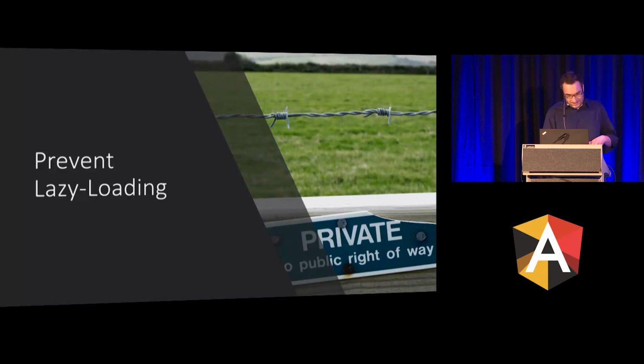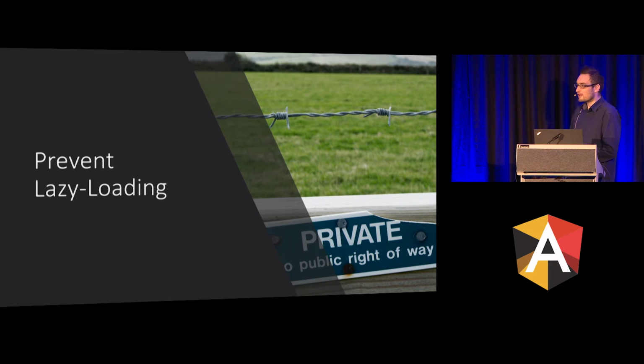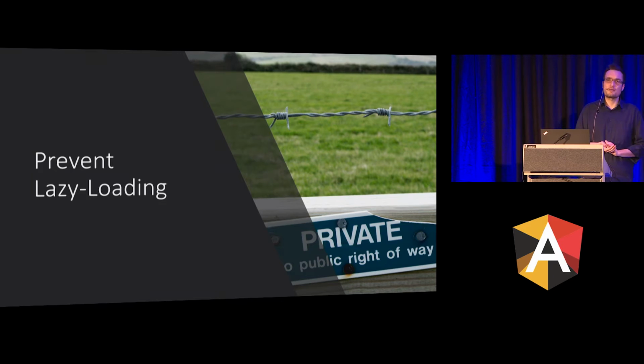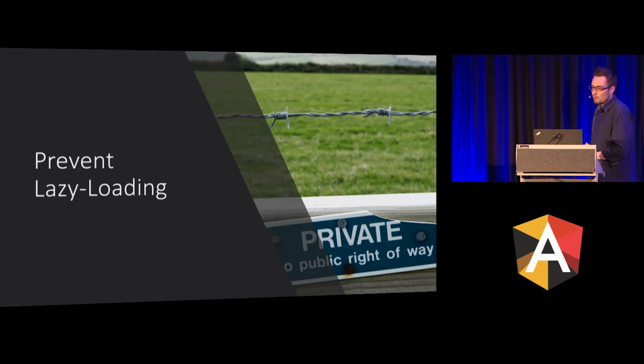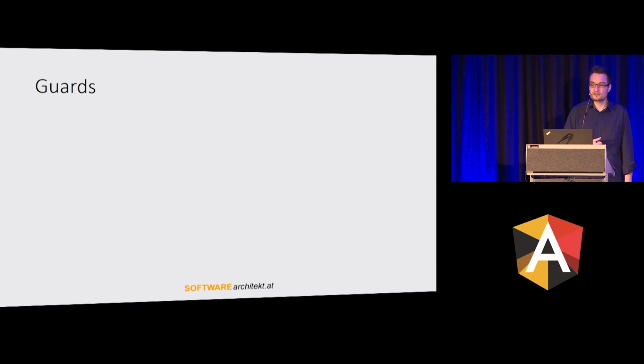Okay. There are also situations where you want to prevent a user from lazily loading a route. For instance, not every user has the right to use every part of the application, and in these cases it would be more usable if the user were prevented from loading some specific modules. And this is exactly where guards come in.